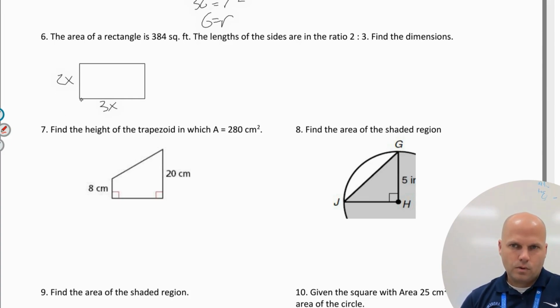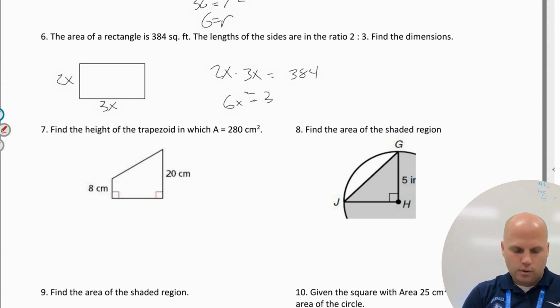So 2 to 3, 2x, 3x. He divided these two. This is 3 to 2. 2x times 3x equals 384. 6x squared equals 384.